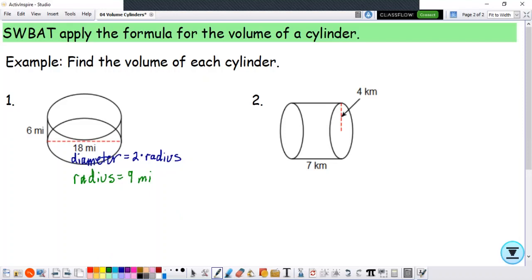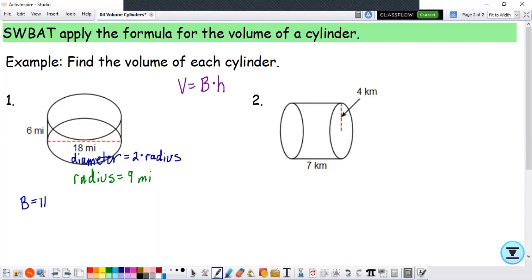And as a reminder, volume is going to be the area of the base, capital B, times H, the distance between the bases. So let's start by finding the area of our base for number 1.